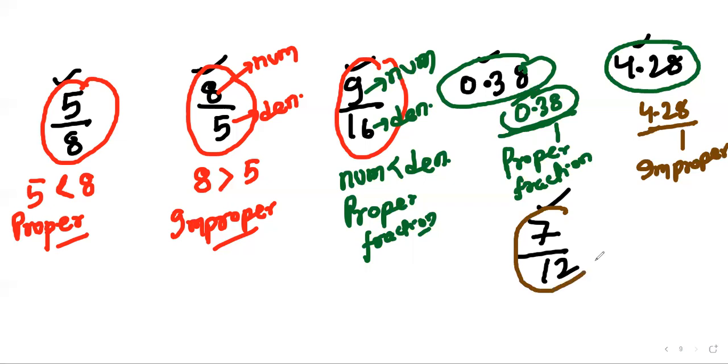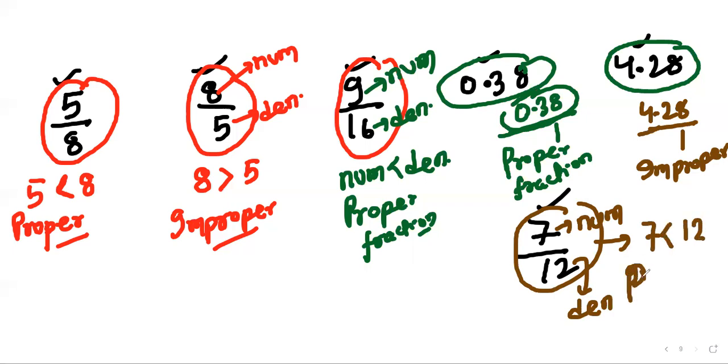And last but not the least is 7 over 12. So this means what? The numerator is 7, right? And the denominator is 12. It means what? 7 is lesser than 12. It means this is the case of a proper fraction.